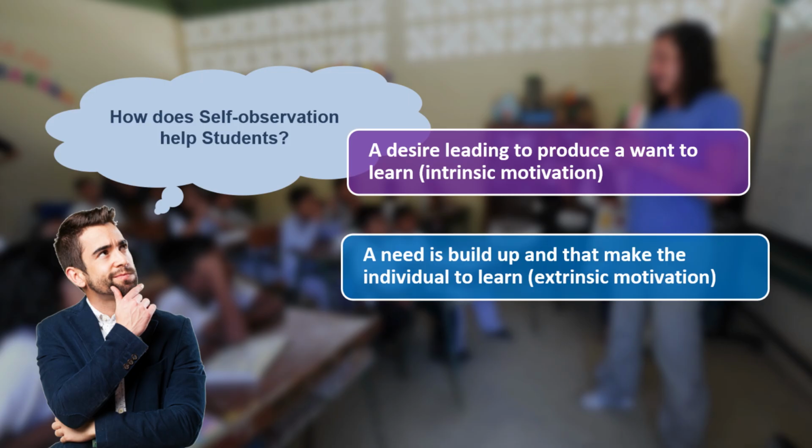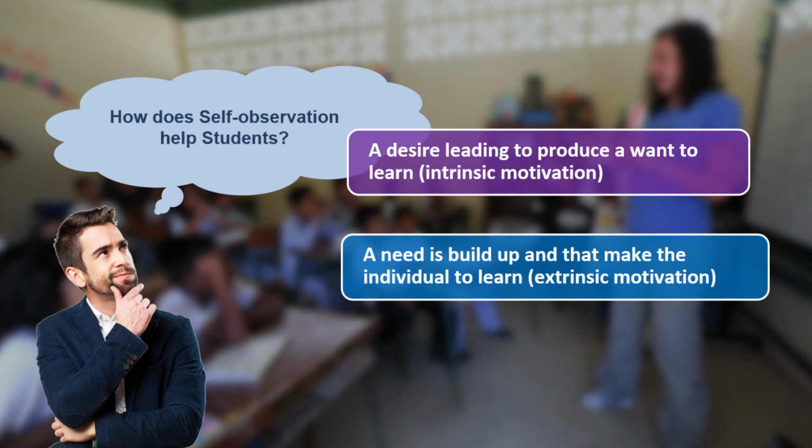Then further, it also arises extrinsic motivation, such as a need that is built up and makes the individual learn. So when self observation motivates learners to exhibit certain things that he or she knows, then we can say that this is extrinsic motivation.